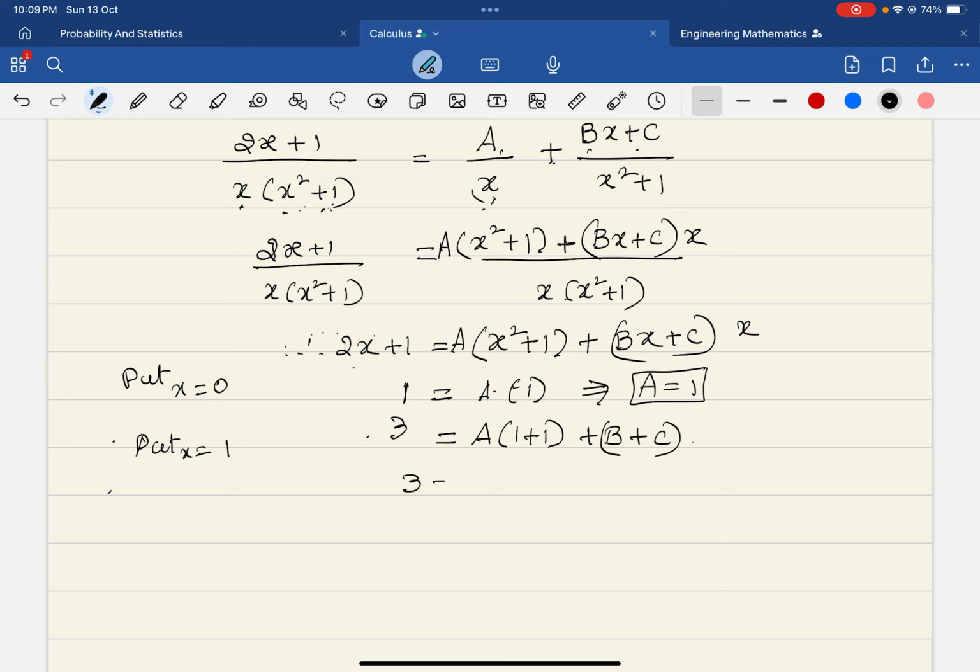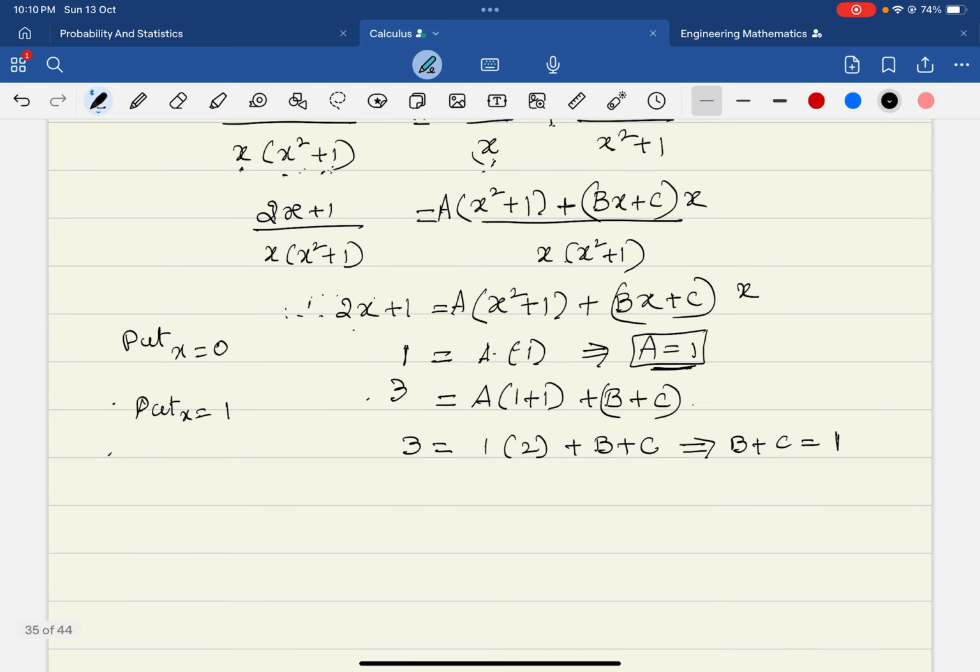So 3 is equal to, what is the value of a we have got already? It is 1, correct? So 1 into 2 plus b plus c. So what is the value of b plus c now? It is 3 minus 2, which is 1. Okay. So thus we got the value of b plus c.